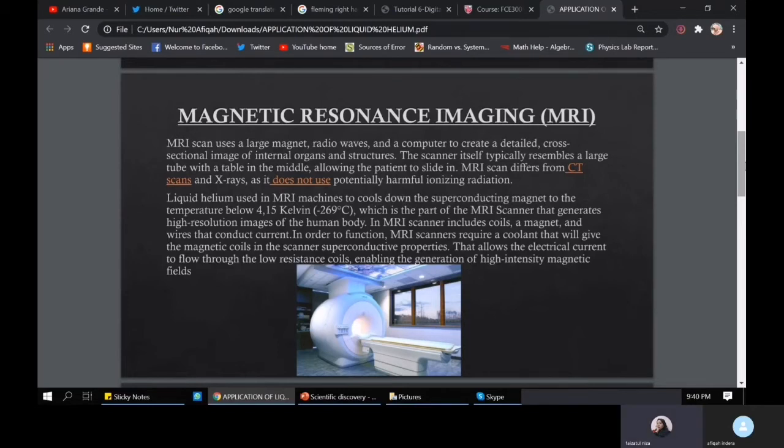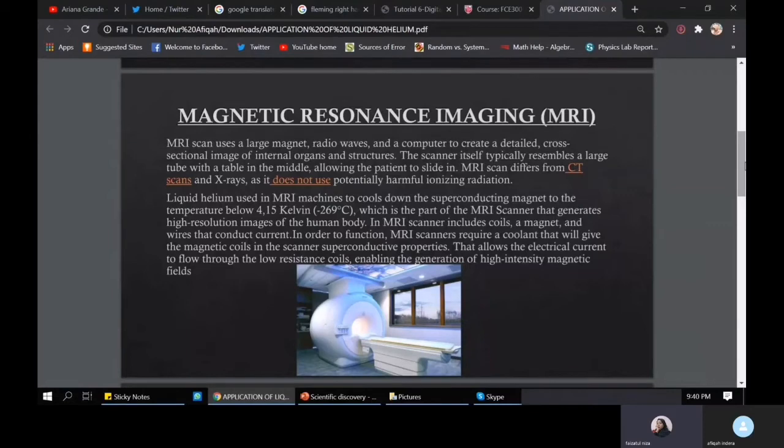Next, liquid helium is used in the MRI machine to cool down the superconducting magnet to a temperature below 4.15 Kelvin, or negative 269 Celsius, which is the part of the MRI scanner that generates high resolution images of the human body. In an MRI scanner, there are coils, a magnet, and wires that conduct the current.